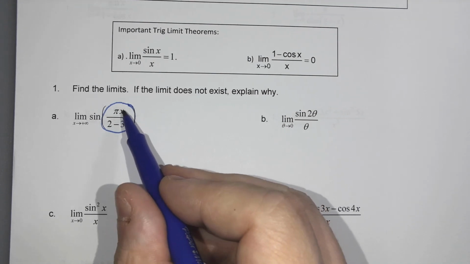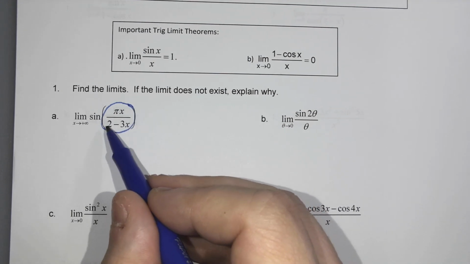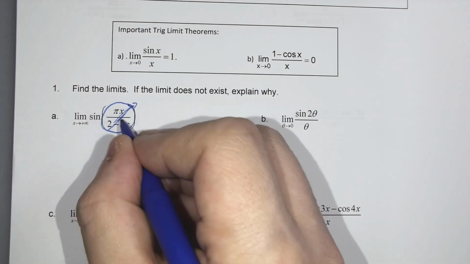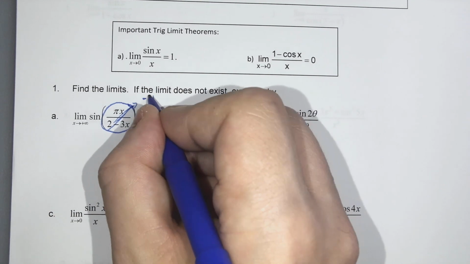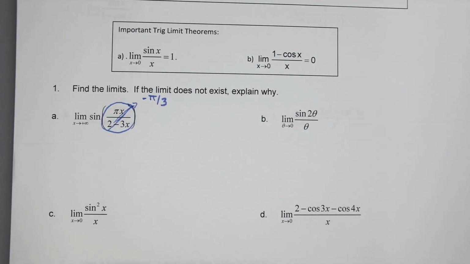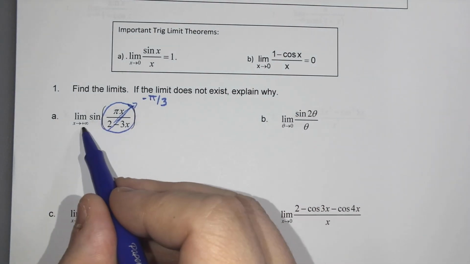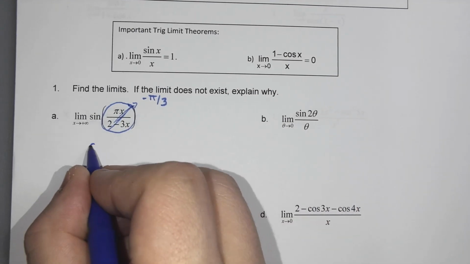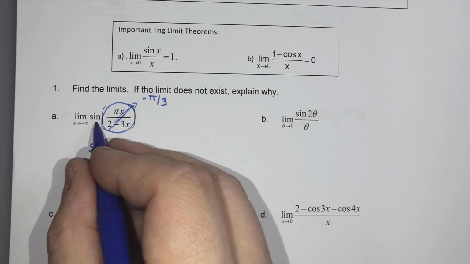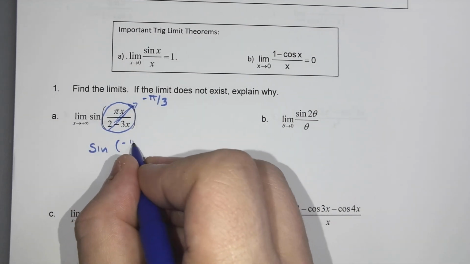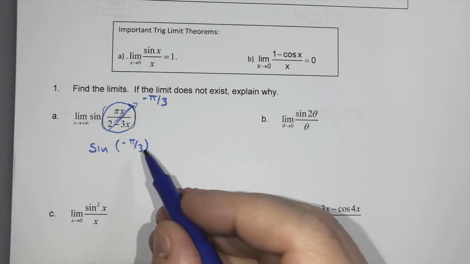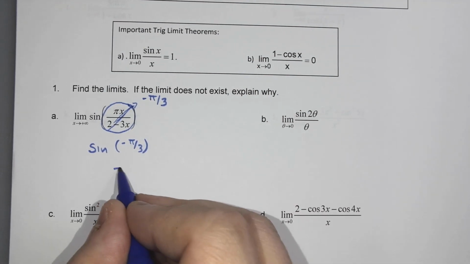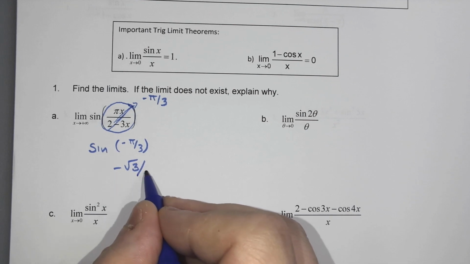The top and bottom are both linear, so I can tell that the expression inside the argument of sine is going towards negative pi over 3. So the answer to this problem would be the sine of negative pi over 3. See, negative pi over 3 is down here in quadrant 4, so its value would be negative radical 3 over 2. And that's our first answer.